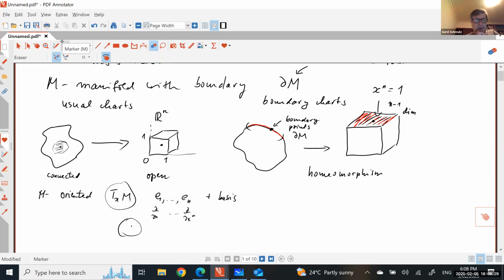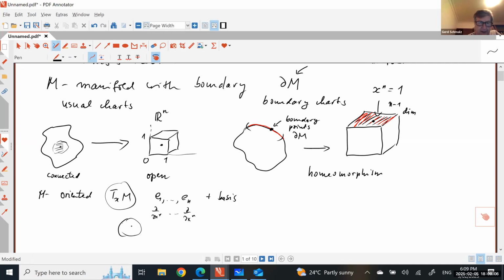With any even permutation we preserve the orientation of the basis, with any odd permutation we change it. And that is also what happens when we make the coordinate change. These bases multiply with the Jacobi matrix, and the determinant of that will change the orientation or keep the orientation.